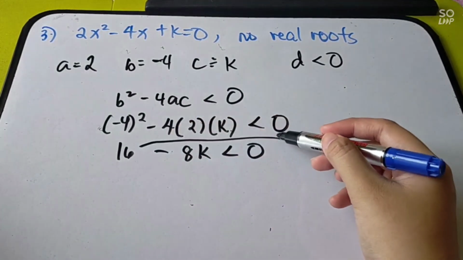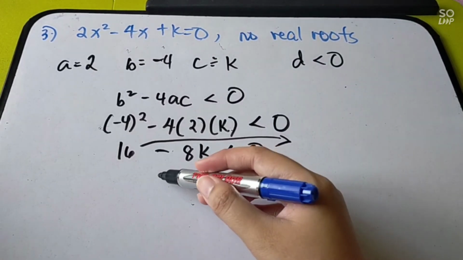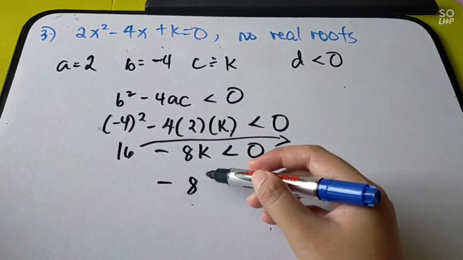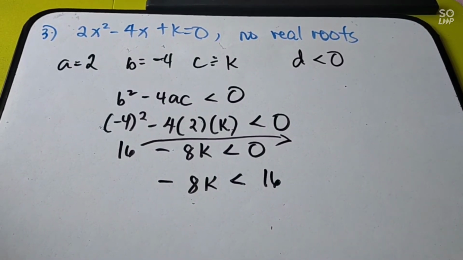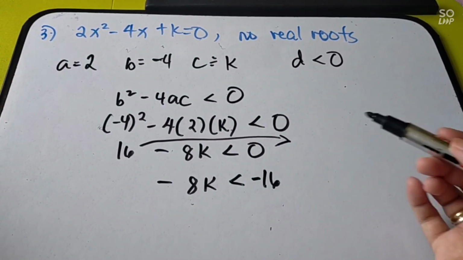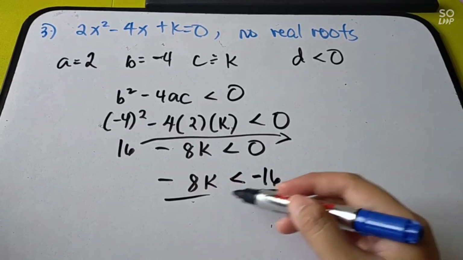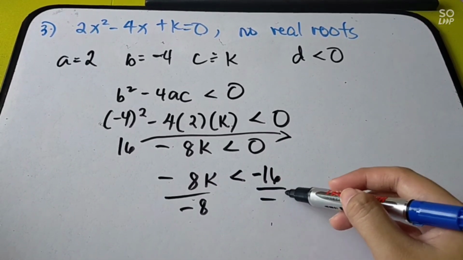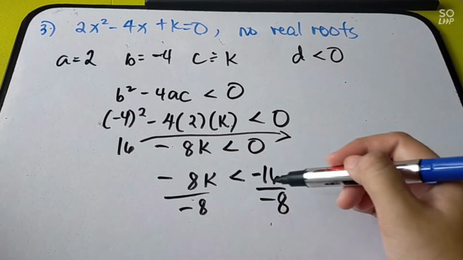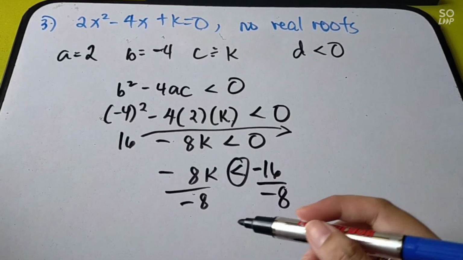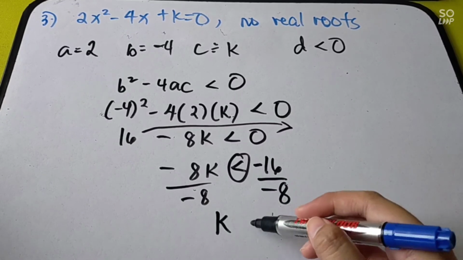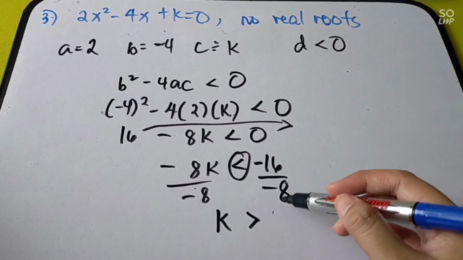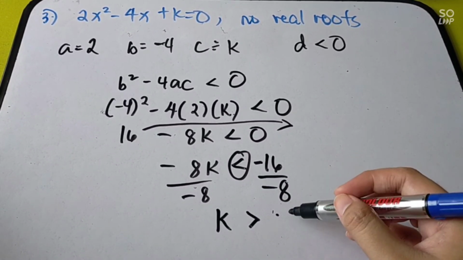Afterwards, just transpose. So, we have here negative 8k is less than negative 16. Then, divide both sides by negative 8 by negative 8. Since negative ito, reverse the inequality. So, it becomes k is greater than 16 divided by 8.